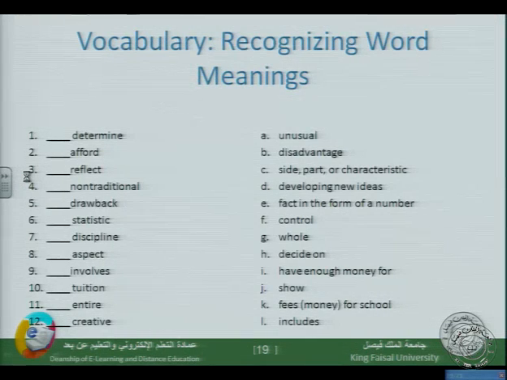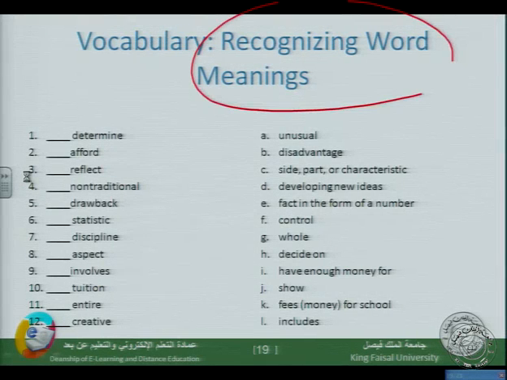Well, finally, we have the vocabulary, recognizing word meanings. Here is kind of an academic word list, and they are very important. Why are they very important? Because you find them in any textbook. They are repeated.